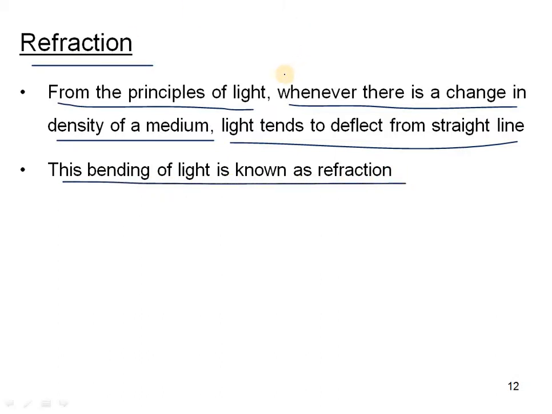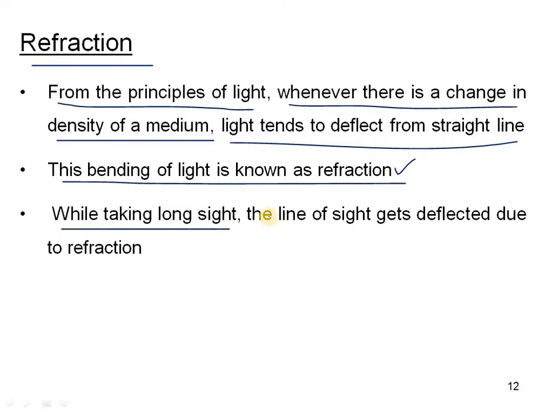In science we have also studied reflection and diffraction. From the principle of light, whenever there is a change in the density of the medium, the light rays deflect from the straight line, and some of the rays will be bending down. This bending of light we call refraction.